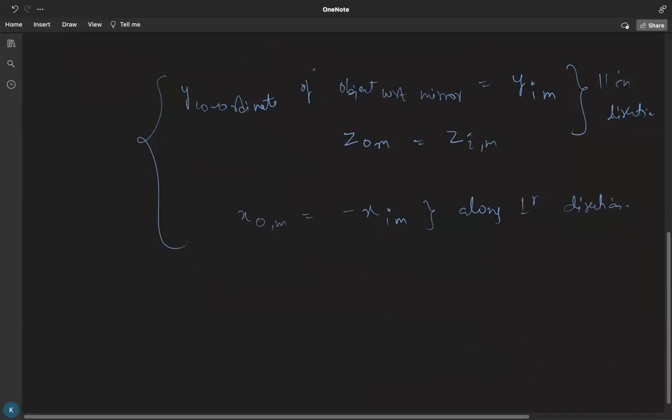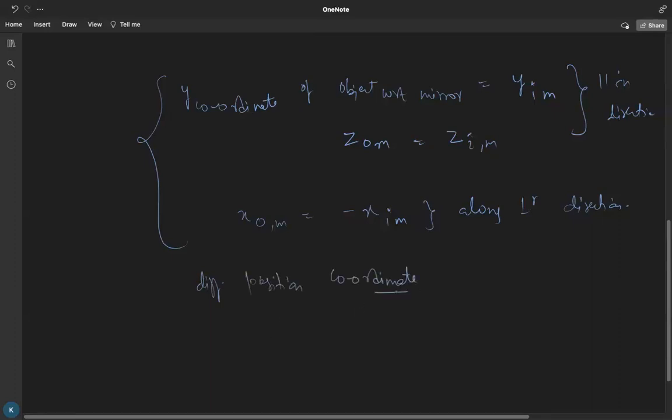And if I'm talking about the coordinate along the perpendicular direction, the magnitude will be the same, but direction-wise it would be inverse. Now, since we have found the positions, to get the velocity, what do I have to do? I have to just differentiate the position coordinates.